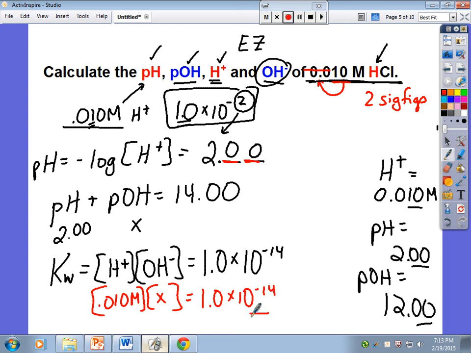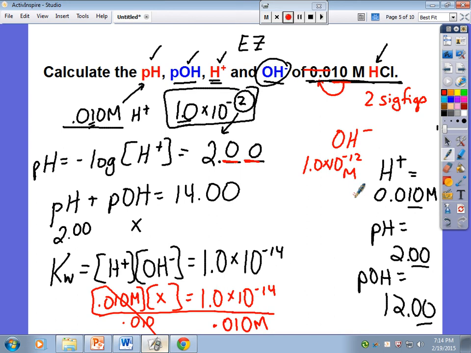So that means if I divide both sides by 0.010 molar, this cancels. That's a 1, sorry. Bad penmanship there on the bottom of the screen. And so then what happens is my OH minus ion concentration is 1.0 times 10 to the negative 12 molarity. And that's how you solve for it.